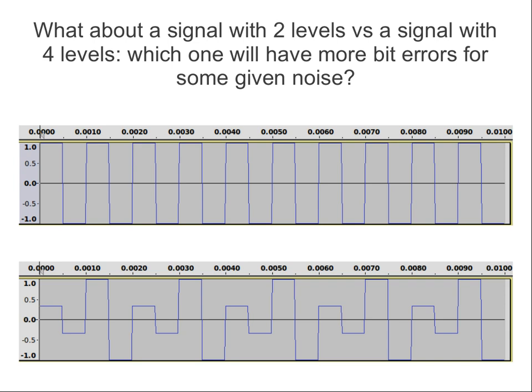With the top one, we had one signal element representing just 1 bit of data. So the data rate for the second scheme is 4,000 bits per second. Same signalling rate, but with the different schemes, we have a different number of bits per signal element.